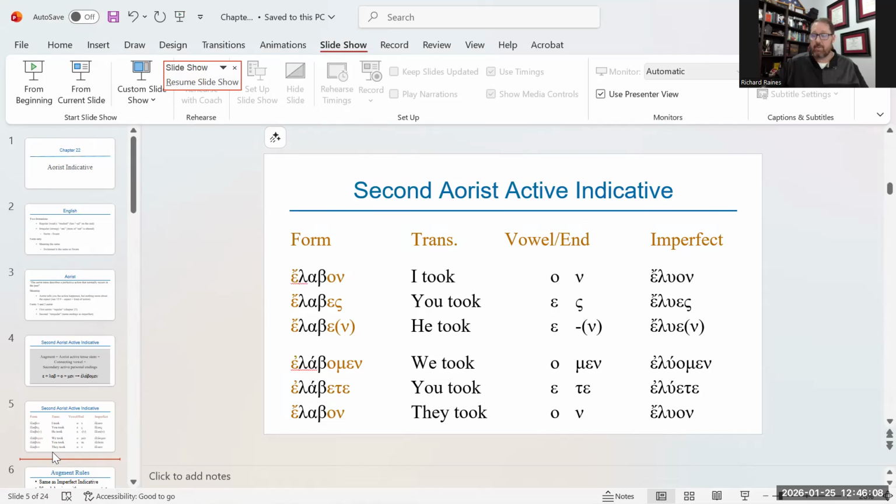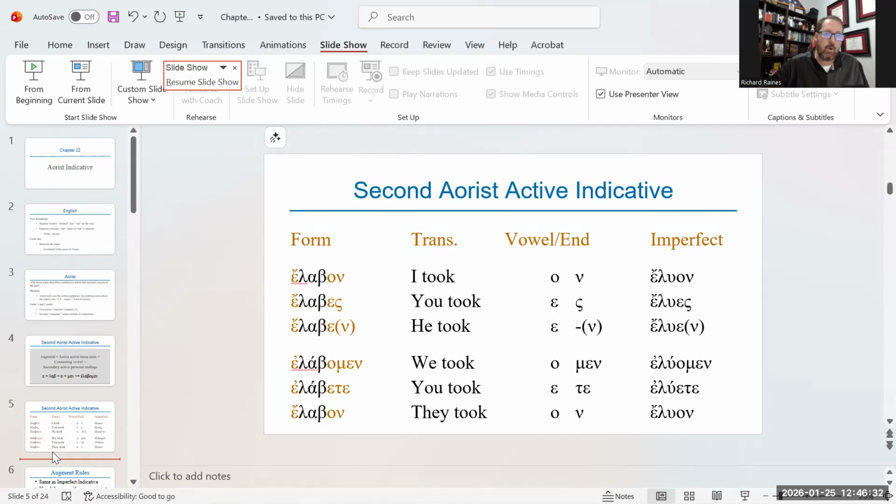And then maybe on the third night, start translating the sentences, right? Use those second aorist stems that you learned that you see in the appendix to help you identify the words, at least identify the stem, right? It's going to be in the first person singular, but it'll help you identify the stem. And then just work through the translations.